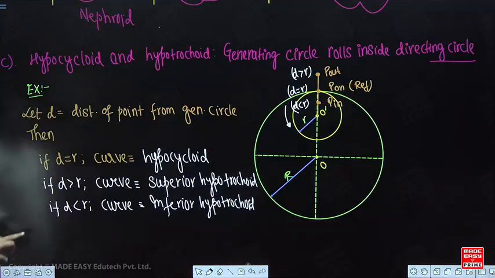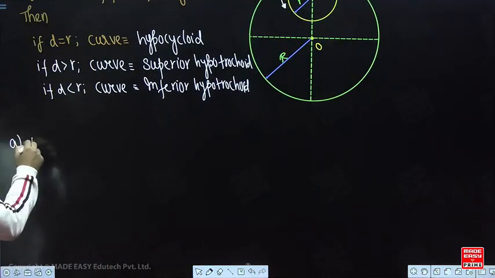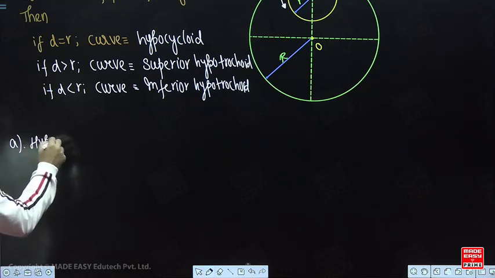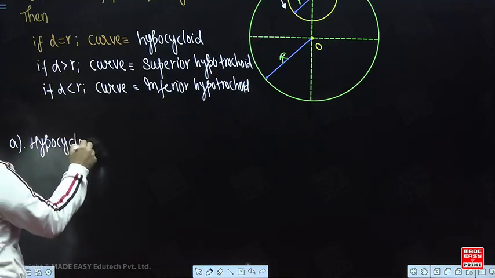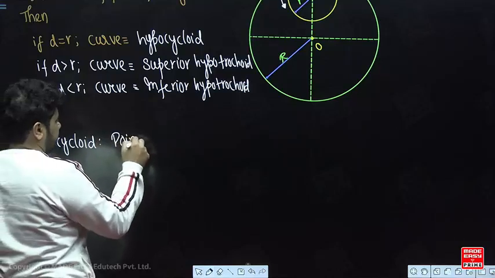Okay. Now, first I will draw the hypocycloid. Hypocycloid means the point lying on the generating circle.